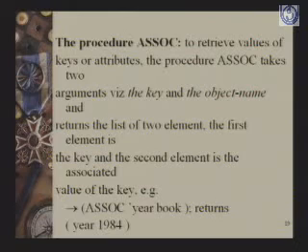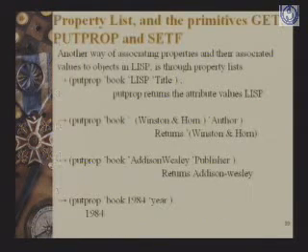ASSOC, then you give quoted year and the book name, and it will return the year 1984. That is the inbuilt system after retrieving the information from the database through the command assoc, which gives us the year as 1984.